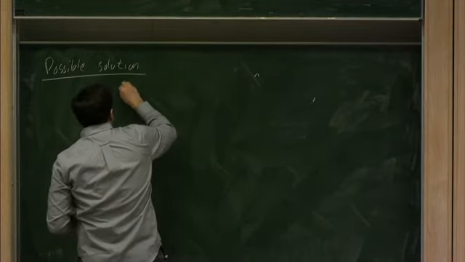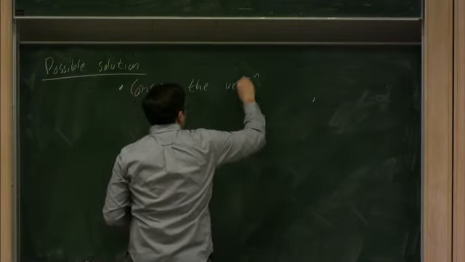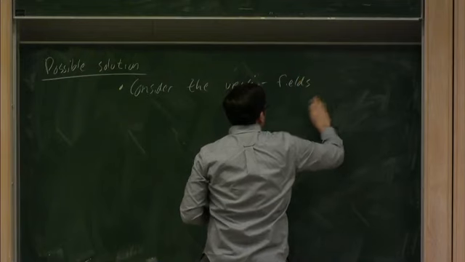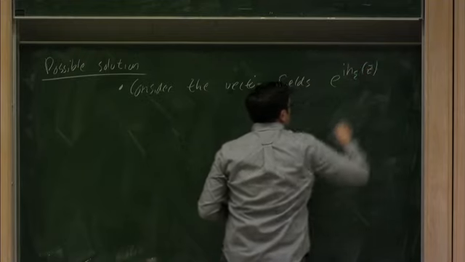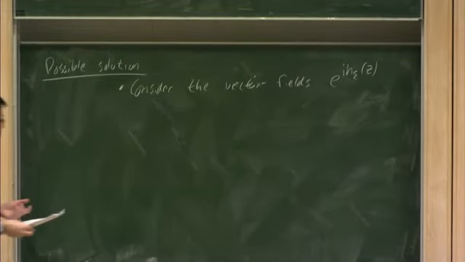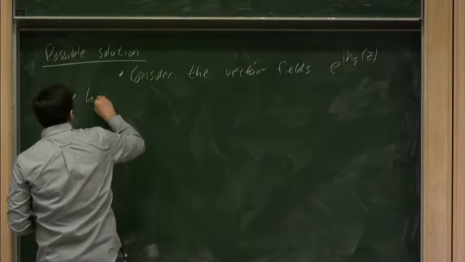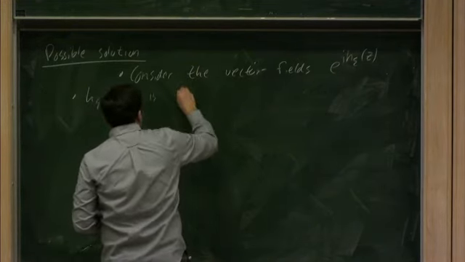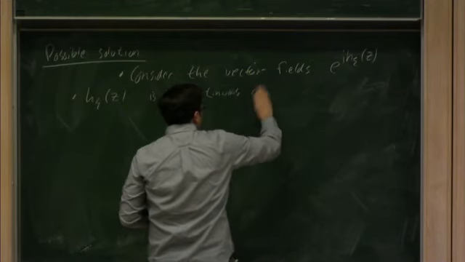You could try to consider the vector fields that you get when you take your Gaussian free field and for a fixed value of epsilon, you just average it on circles of radius epsilon. Then, as we saw yesterday, this function that you get when you consider these circle averages, this is a continuous function of z.